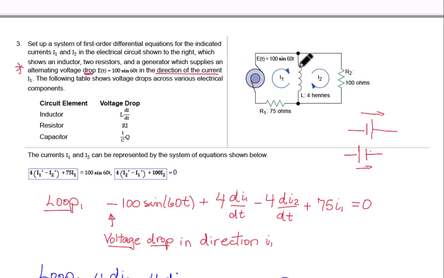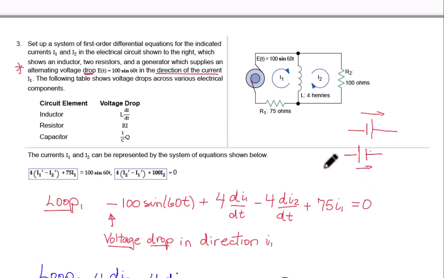I come across the inductor and they tell me the voltage drop down the inductor is L, which is 4, derivative of the current. But notice at the same time the current is coming this way. I've got I2 coming the other direction. And then I loop around and I've got the voltage drop across this 75 ohm resistor, and by Kirchhoff's laws, the sum of all the voltage is 0.